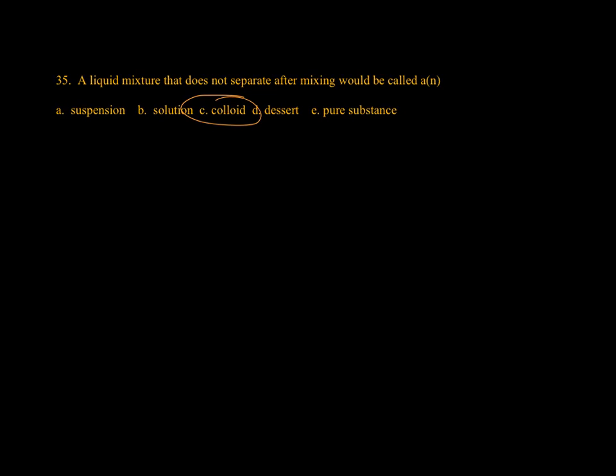If you mix dirt in water, or soil or sand, you make muddy water. If you leave the water alone, the dirt will eventually settle to the bottom, like it does in the ocean or in a river. But things like milk, which is a colloid, those particles are bounced around so much that they never really settle to the bottom, so it stays mixed even if you don't mix it actively. If you just leave it alone, it won't separate.